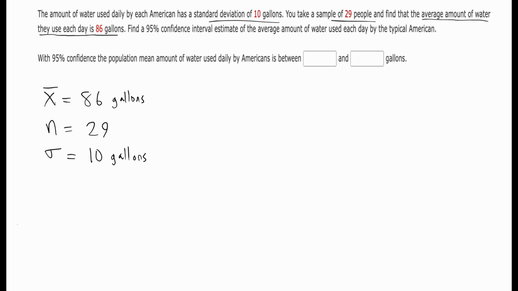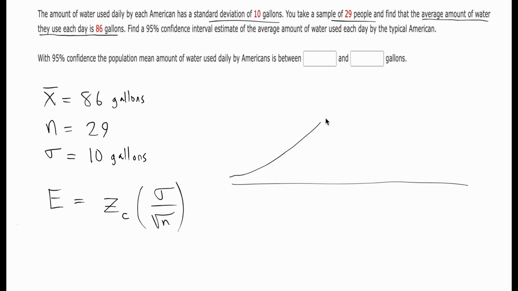All right, now we have to find what's called the margin of error. And the way we find the margin of error is through a formula here, ZC times sigma over the square root of N. Now we know the sigma, we know the N, but we do have to find the ZC.